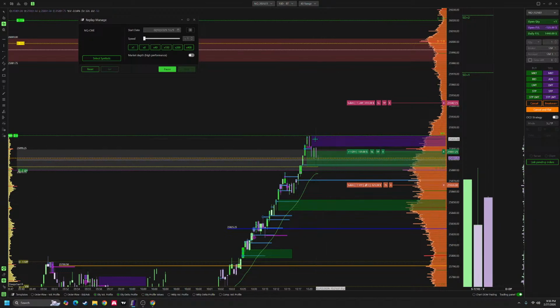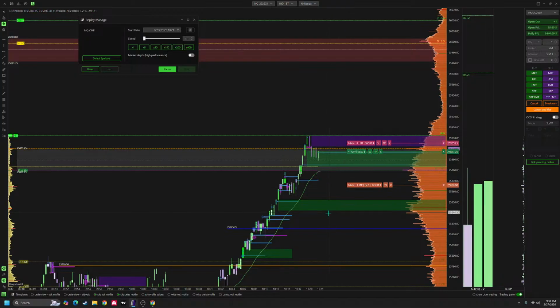This is getting tricky. Now there's a strong selling effort here, so I'm not liking this too much. So what I'm likely going to do is exit this trade. I'm going to try to actually just take a little bit and then get out, because it could definitely reject and come back down.